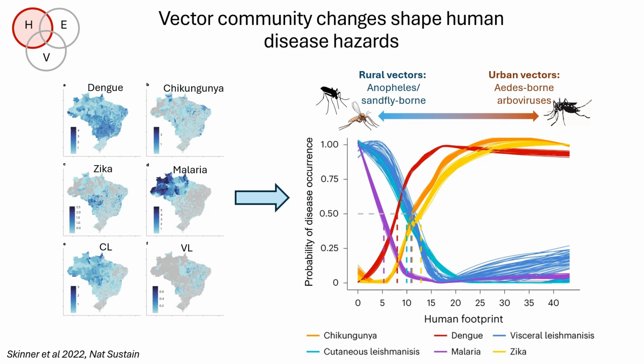So these hazards are changing away from infections that are transmitted mainly by rural vectors, so these are malaria and leishmaniasis, towards infections that are transmitted by urban vectors. So we see a change in hazards reflected in this shifting disease assemblage across different types of landscapes. So these are some of the ways that ecology gives us insights into how transformations in landscapes can change infection hazards.